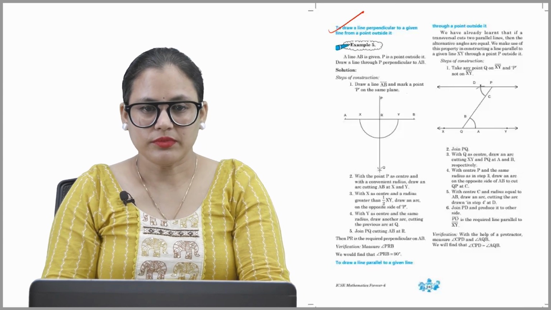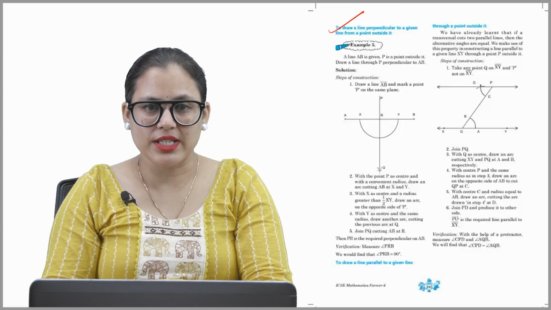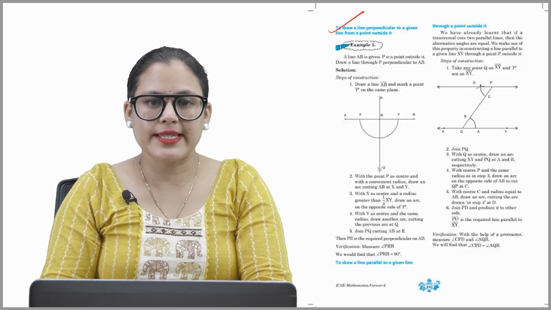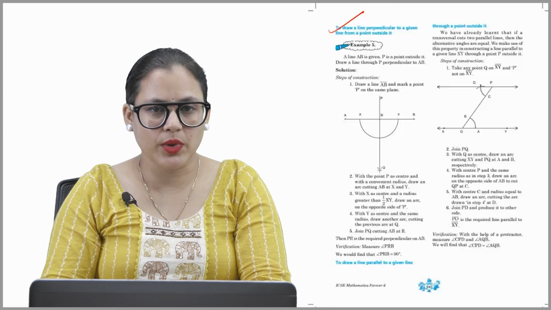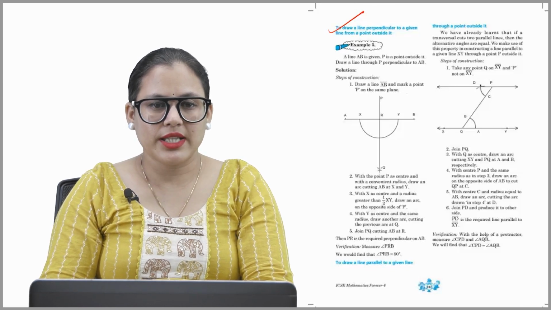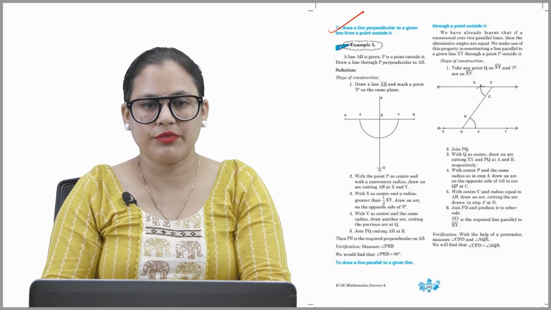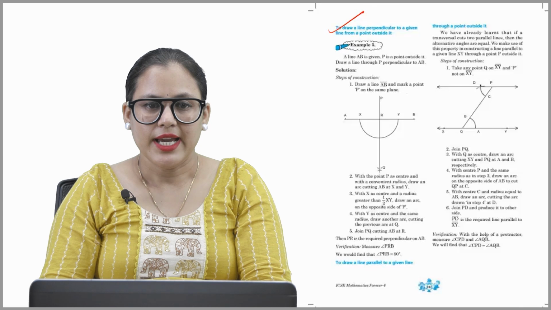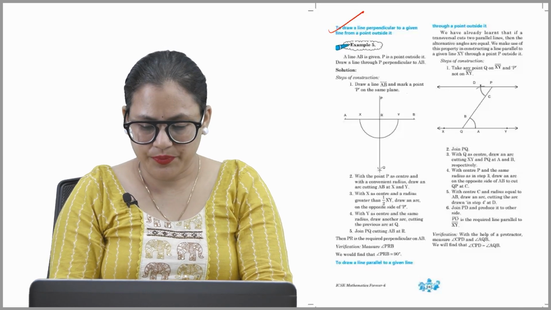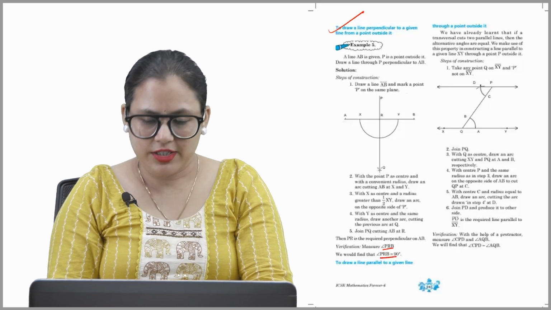Number 2, with the point P as center and with a convenient radius, draw an arc cutting AB at X and Y. 3, with X as center and a radius greater than half XY, draw an arc on the opposite side of P. 4, with Y as center and the same radius, draw another arc cutting the previous arc at Q. 5, join PQ cutting AB at R. Then PR is the required perpendicular on AB. Verification, we have to measure angle PRB. We would find that angle PRB is equal to 90 degrees.